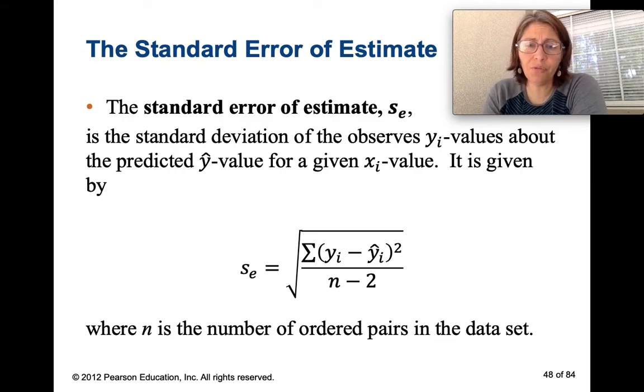Here is the formula. It is the observed minus the predicted, squared, and we're going to add them up. We're going to divide by n minus 2, and we're going to take the square root. It's a lot of squaring and adding, but we're going to use our calculator to do it.